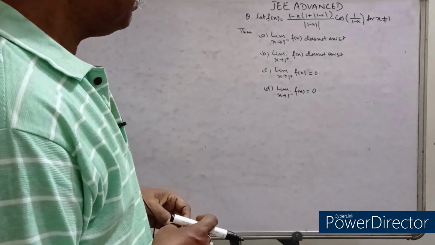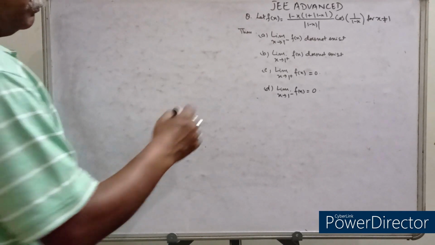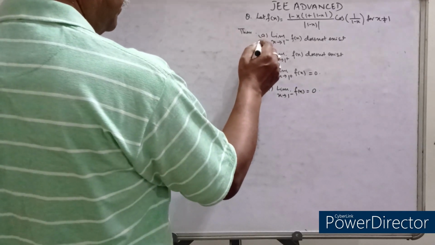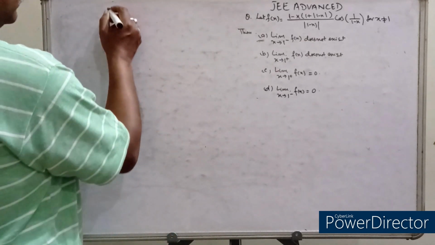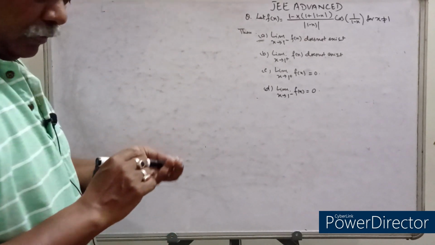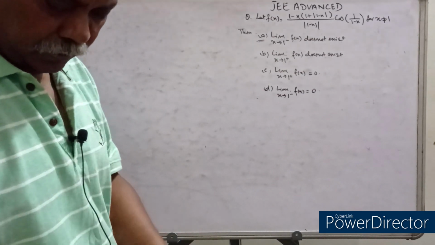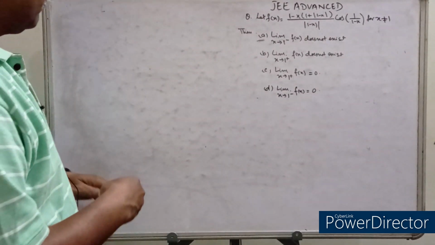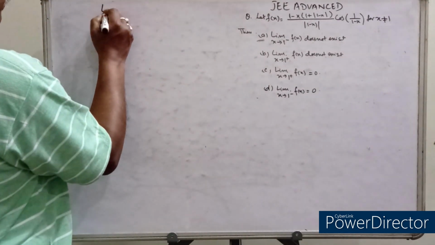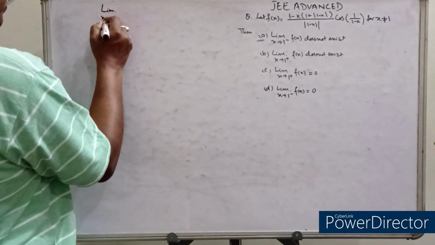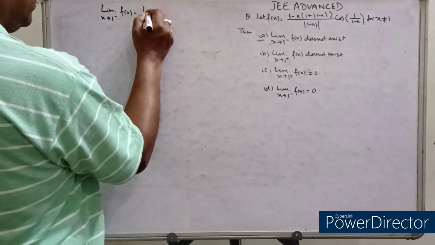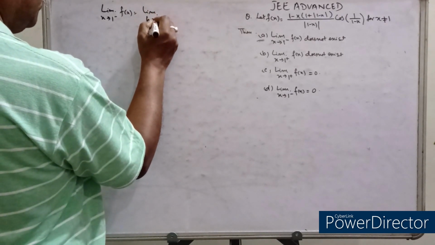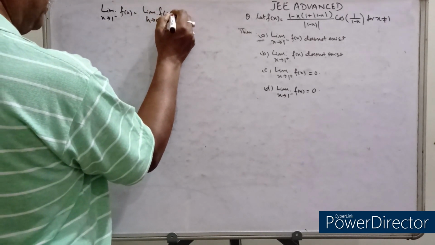So let us see the first case, that is the left hand limit. The limit x tends to 1 minus f(x) is equal to the limit h tends to 0 of f(1 minus h).